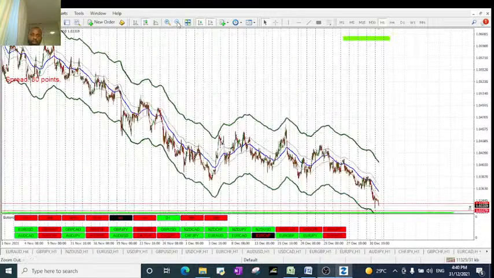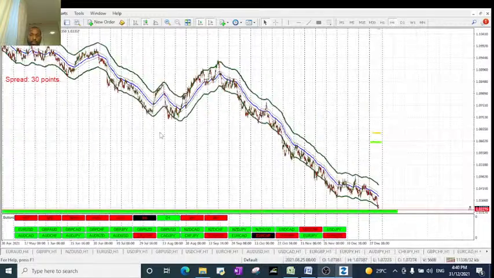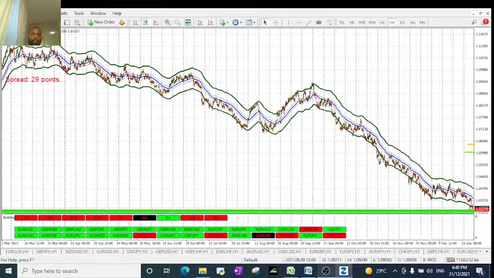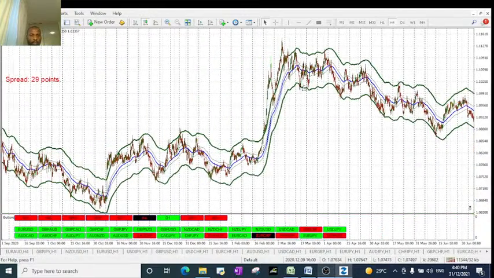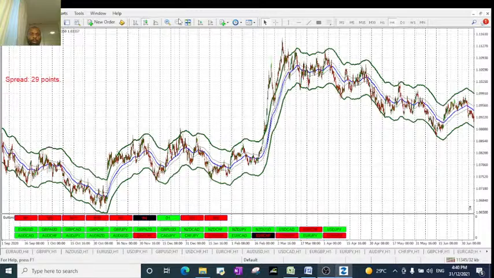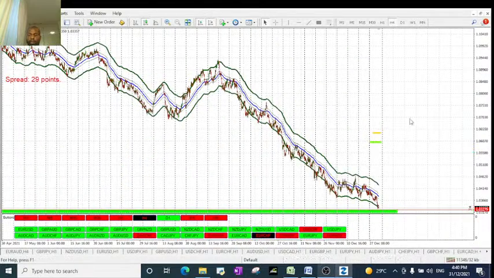Huge zone. Can I make it a little bit more precise? Can't go back that far. That's fine.